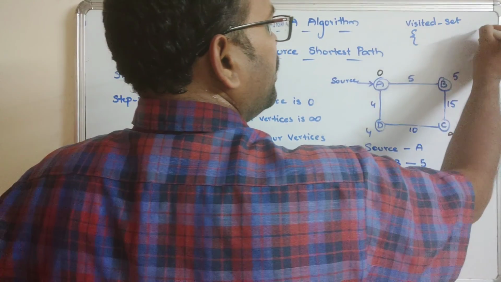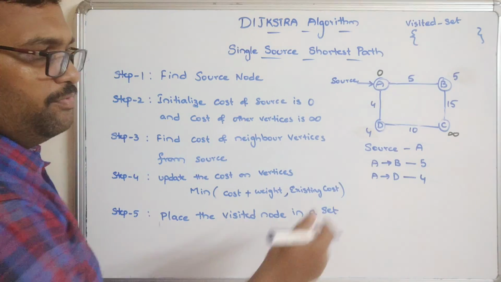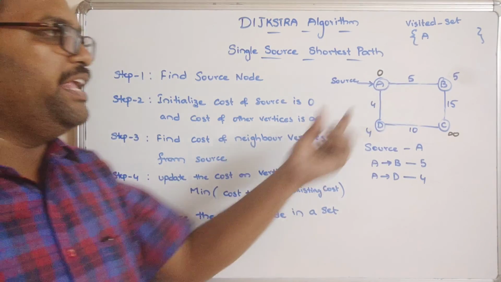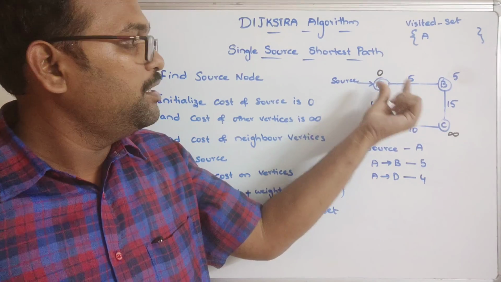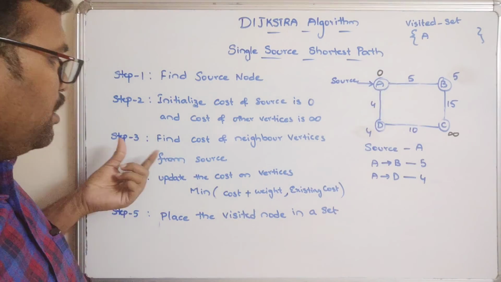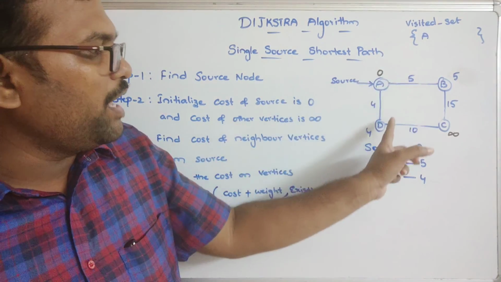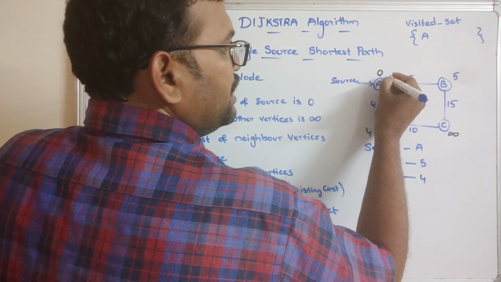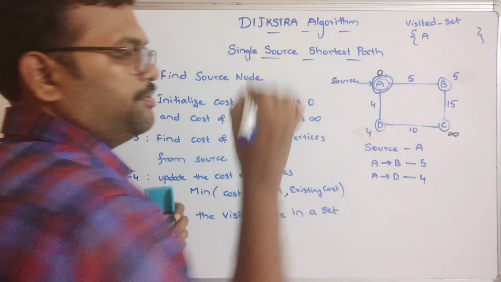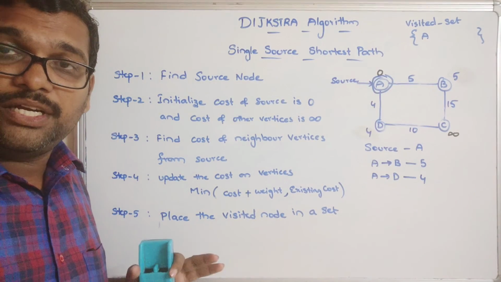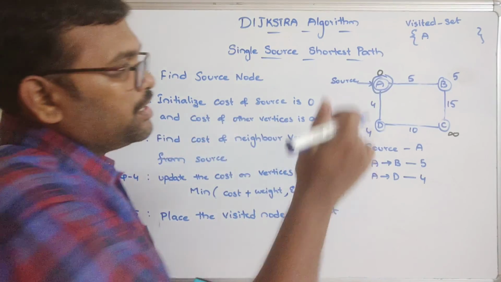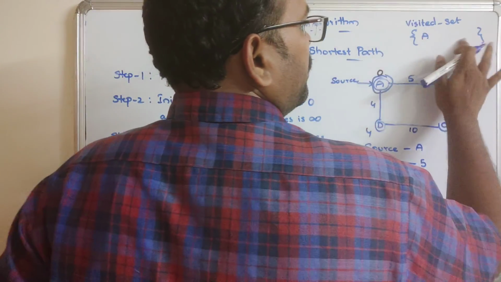What will be the visited node? A, because we have considered A with the shortest cost and then updated the neighbors. So this node has been visited. Once a node is visited, we need not revisit that node. That's why we are placing the visited node here.